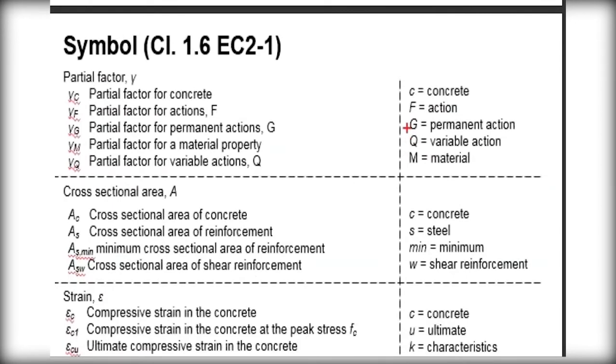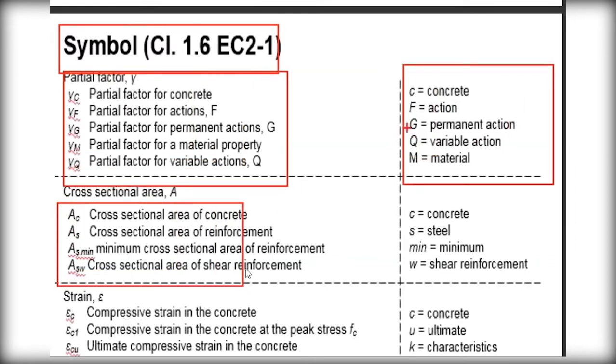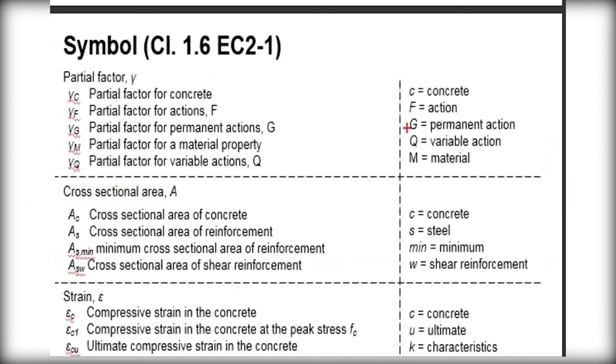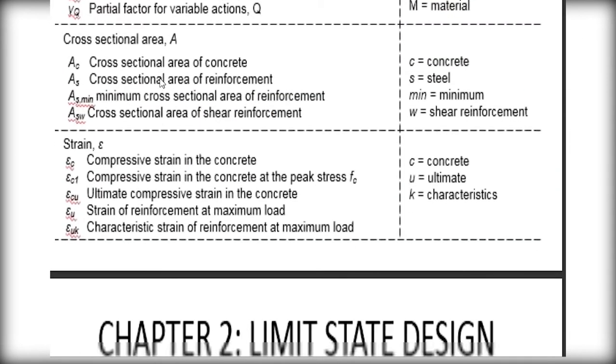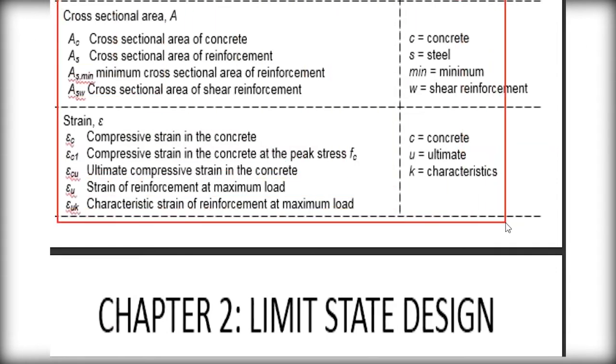These symbols are as per this clause, where you can refer to the partial safety factor, etc. These are different symbols, and it depends on the use and how it is represented.